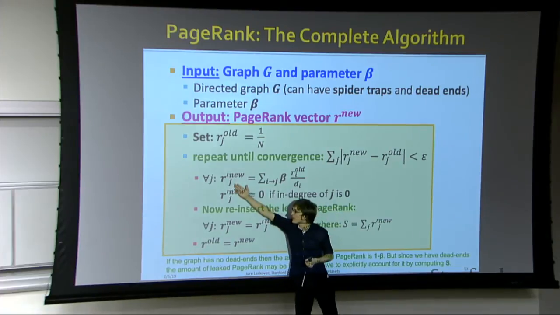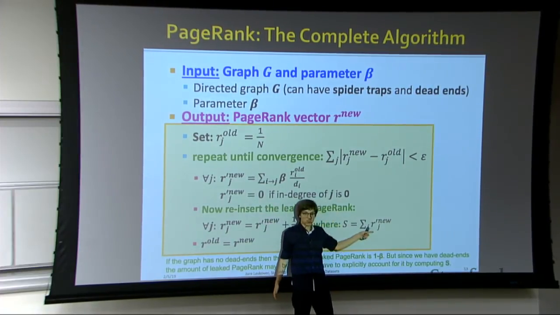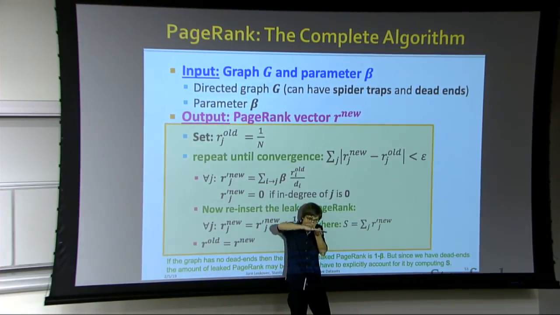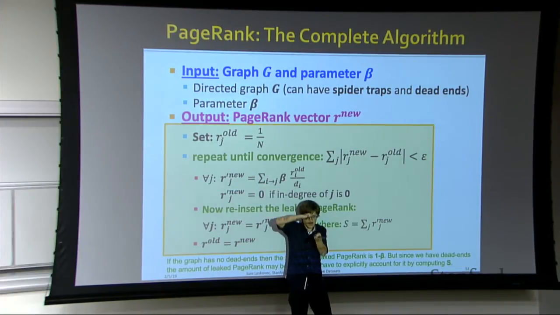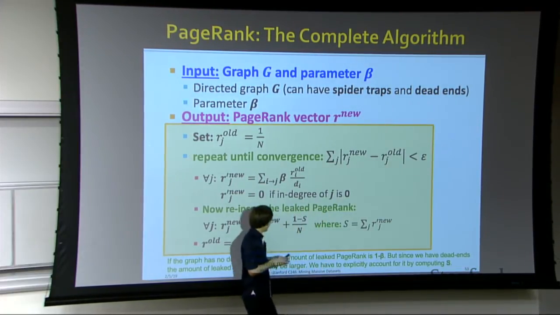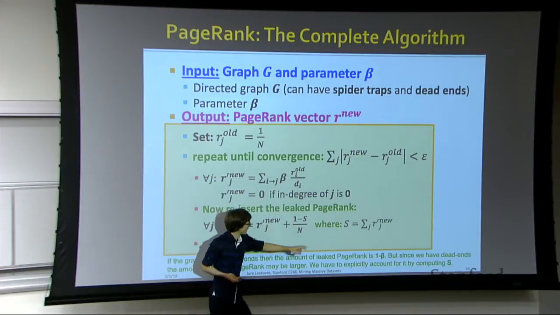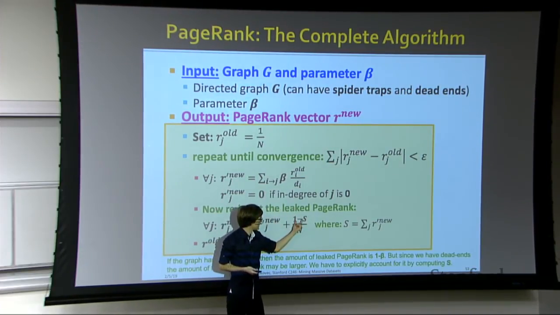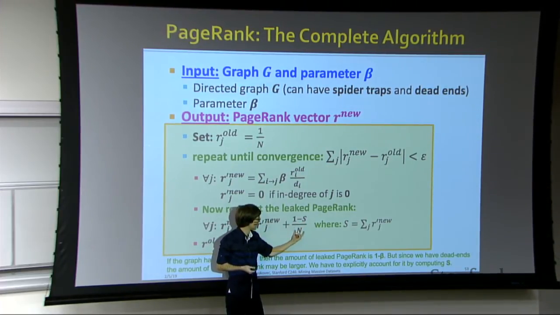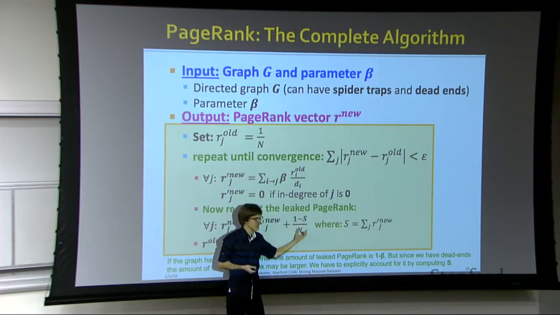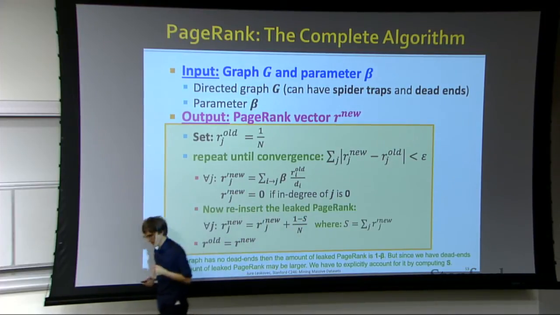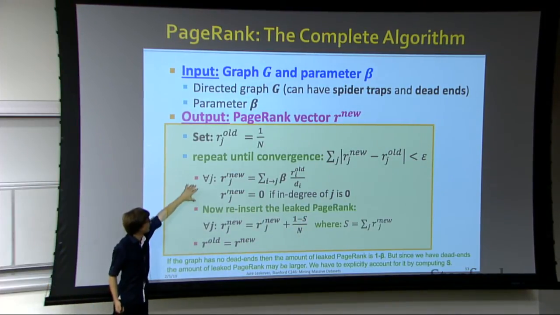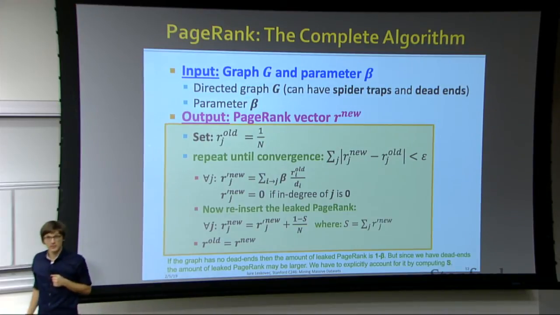Whatever I get here, I compute the sum of it, and whatever I'm missing between this sum and the value of 1, I insert back. S is a value between 0 and 1. Whatever is the difference between 1 and S, I divide by N, the total number of nodes, and everyone gets an equal share of this difference. This is how you would implement the PageRank algorithm in practice.